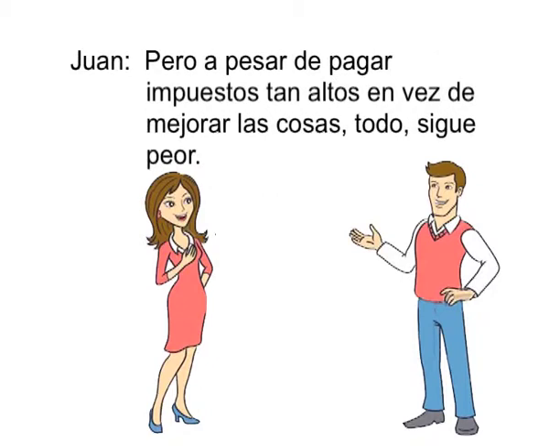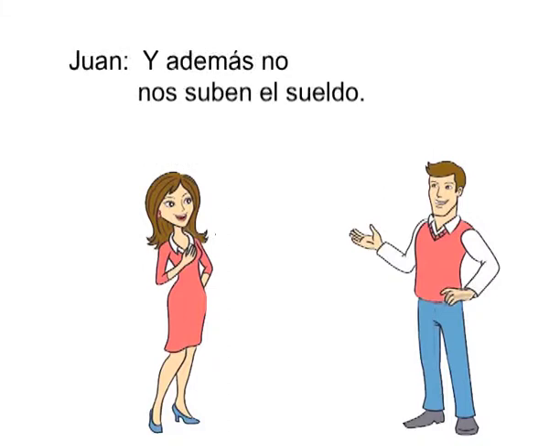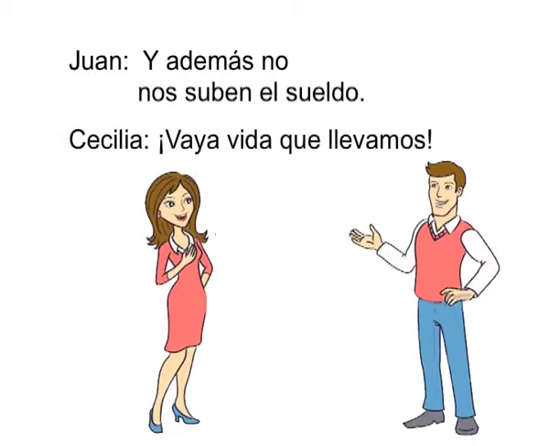But Juan says, pero a pesar de pagar impuestos tan altos, en vez de mejorar las cosas, todo sigue peor. So in spite of paying such high taxes, instead of improving things, everything continues to be worse. Y además, no nos suben el sueldo. Vaya vida que llevamos.